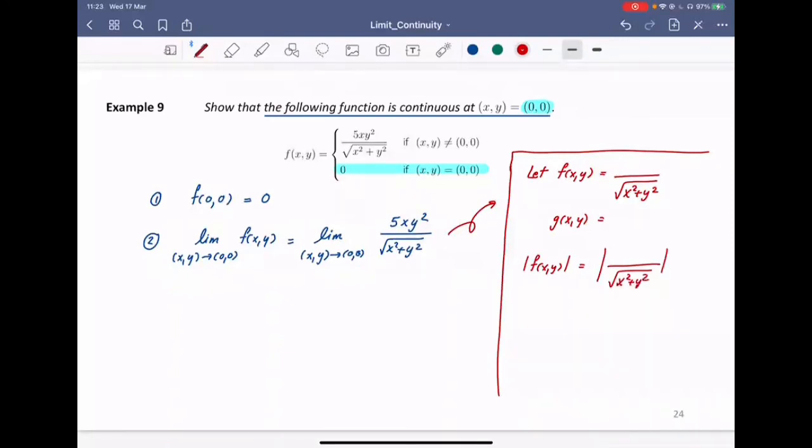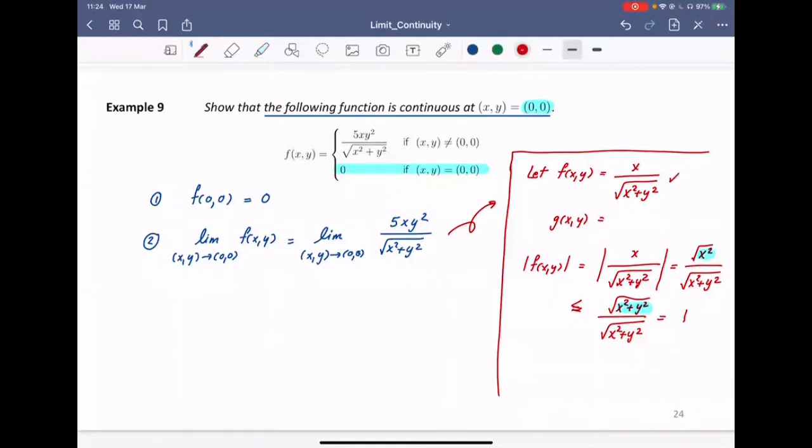If I pick just one x here, it's gonna be equal to the square root of x squared, over the square root of x squared plus y squared. Then you can bound it because in the denominator you have x squared plus y squared, and on the top you would need the same thing because you want to cancel out and get 1 at the end. So on the top I'm gonna add y squared here, because x squared is less than x squared plus y squared, and they cancel out perfectly, so you get 1. So this should work.